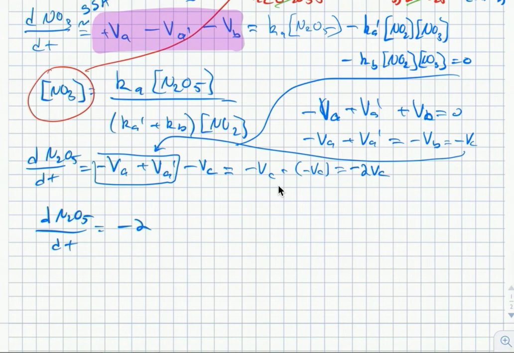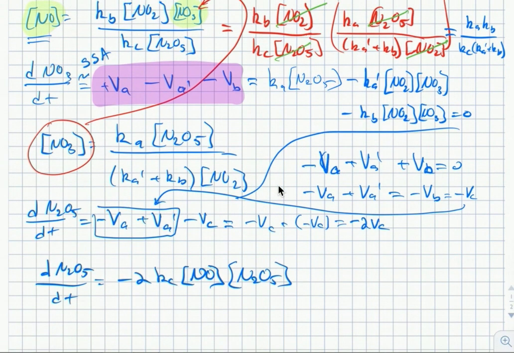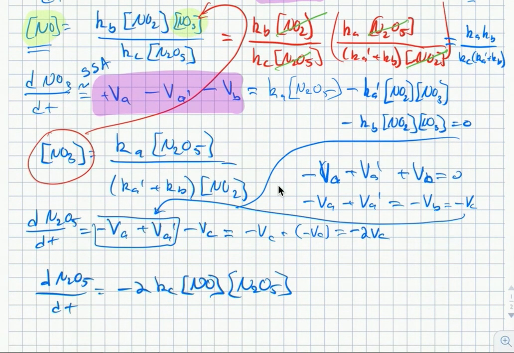And so let's put that in. That is Kc, concentration of NO, times N2O5. But we do have an expression for NO, and that expression up here is Ka, Kb divided by Kc, and then divided by the sum of those two values.